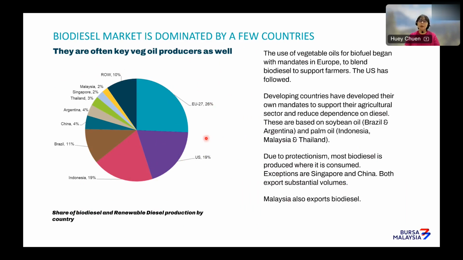EU, rapeseed oil; US, soybean oil; Indonesia is palm oil; Brazil is soybean; China is more for the ethanol side, and also they are using used cooking oil for their biodiesel. Argentina, you see, all these are mainly the big veg oil producers. They are the main biodiesel players as well.